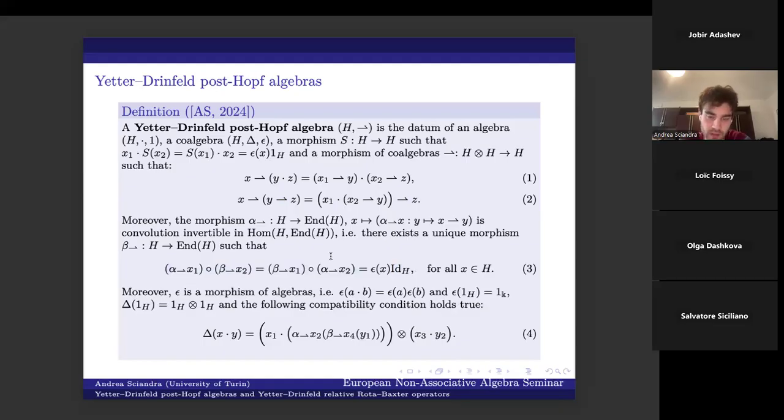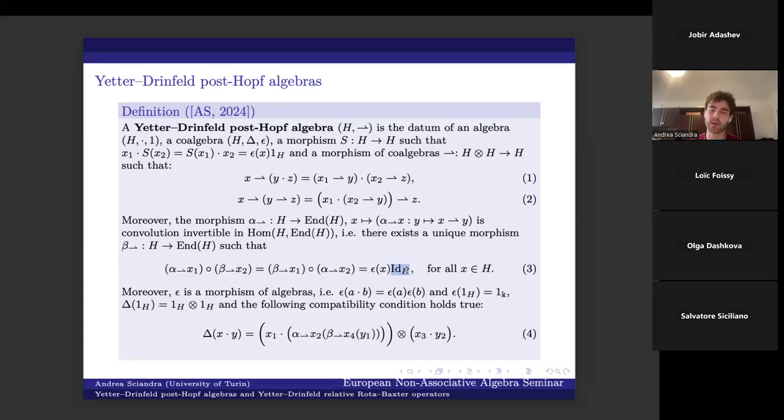In fact, you can see that we are using the coproduct on H for x1, x2. Then we apply alpha and beta, or beta and alpha. And then we use the product of the endomorphisms, which is given by the composition. And this has to be the unit here, which is the epsilon, the counit of H, and then you have the identity as an endomorphism. So alpha is convolution invertible means exactly this.